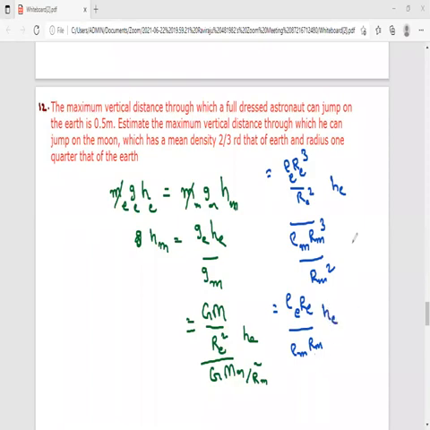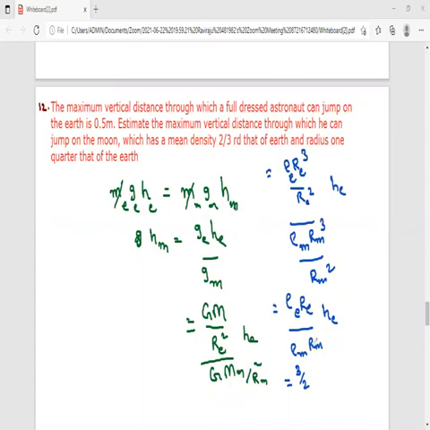Then finally, what is the relation given for density? The mean density is 2 by 3rd that of Earth. Moon density is 2 by 3rd of Earth only. Then rho e will cancel, and in the numerator it will give 3 by 2. And the radius is 1/4 that of Earth.